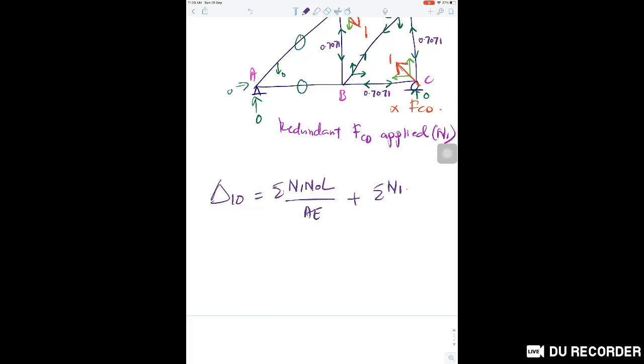Okay, formula for this is alpha delta T L times N1. And if there is fabrication error, we have to consider as well, like this.